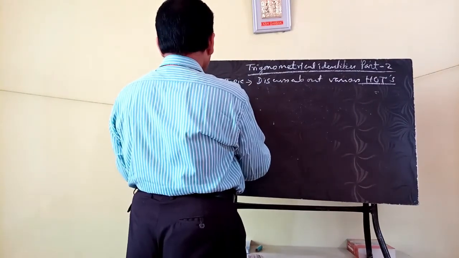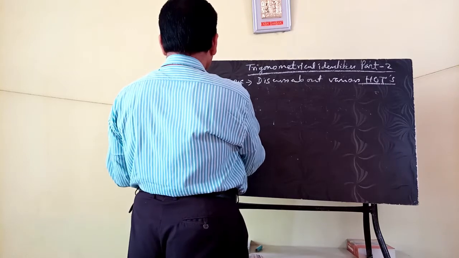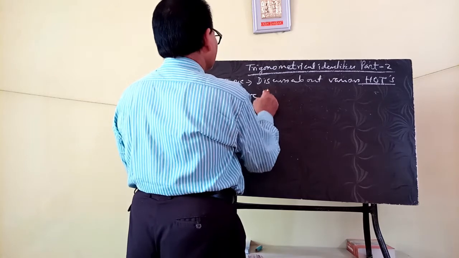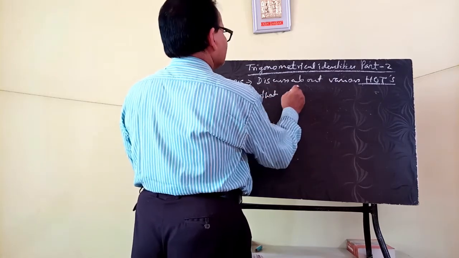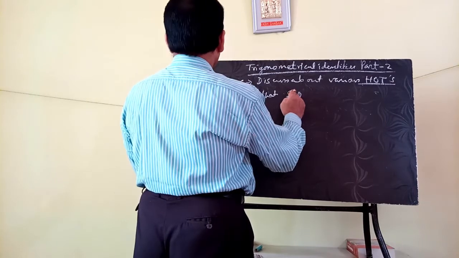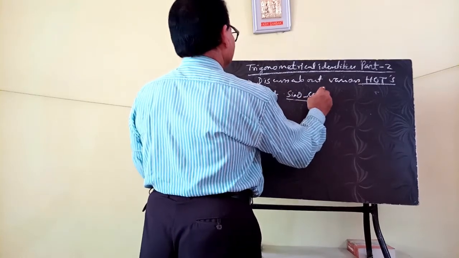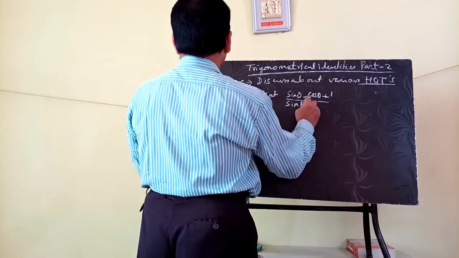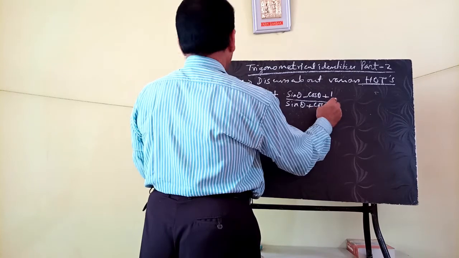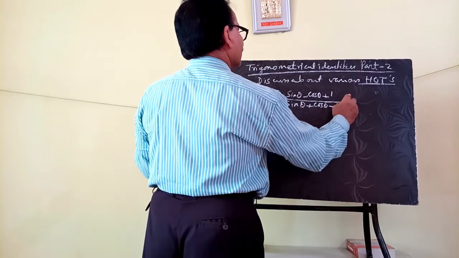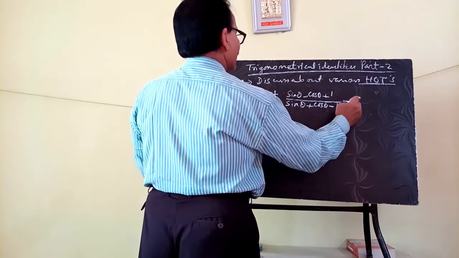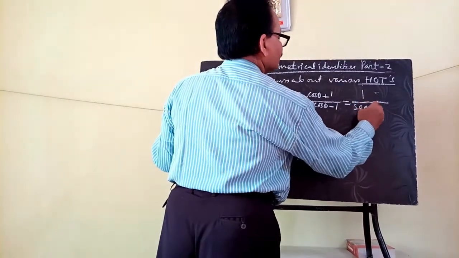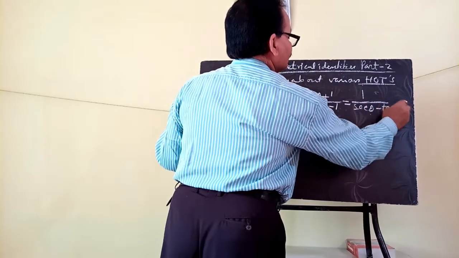In question number 1, you prove that sin theta minus cos theta plus 1 by sin theta plus cos theta minus 1 equals 1 by sec theta minus tan theta.